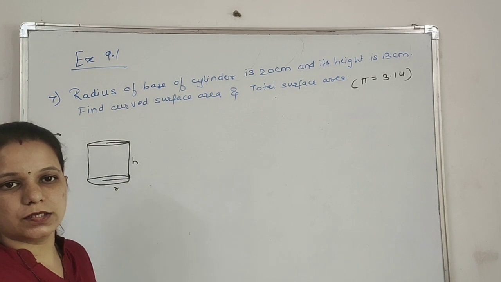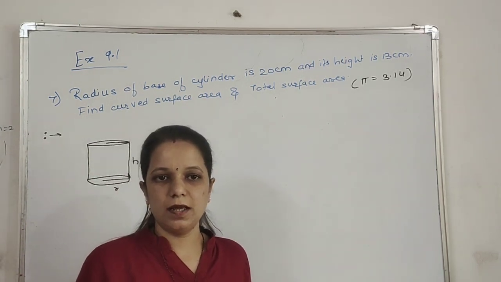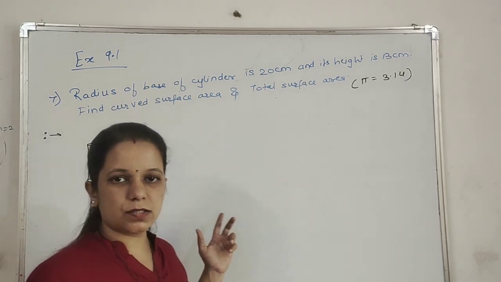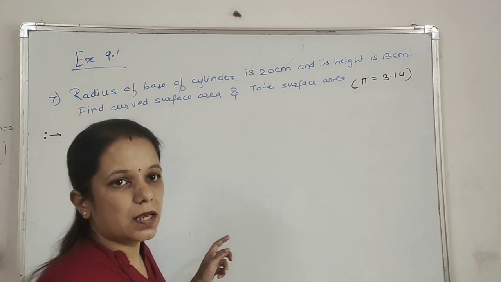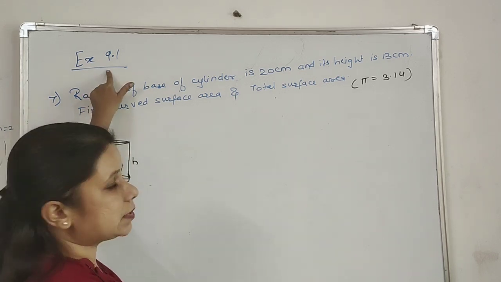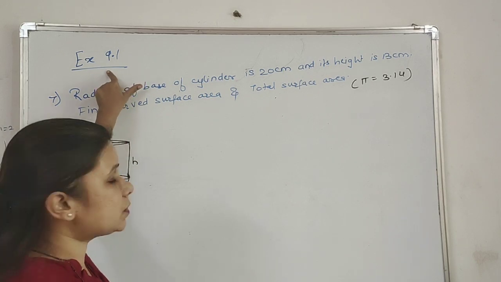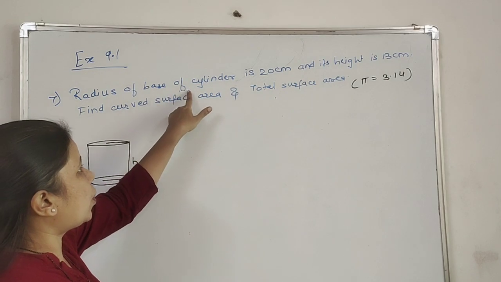Now, just now we have seen the formulas for cone and cylinder. We'll take a quick practice of these formulas by doing some examples. So, example question 7 from exercise 9.1. I'll just read out. Radius of base of cylinder.